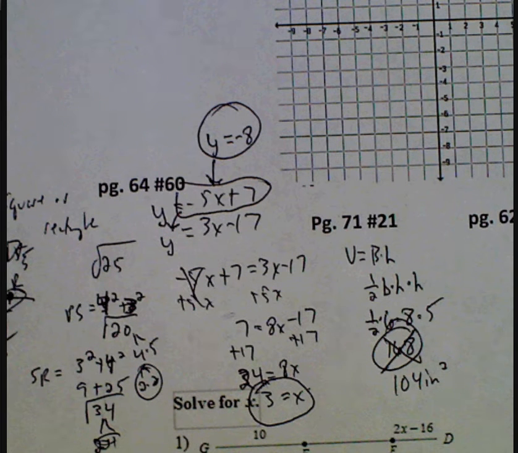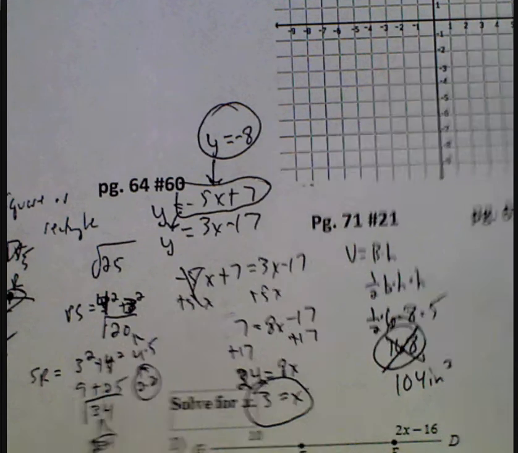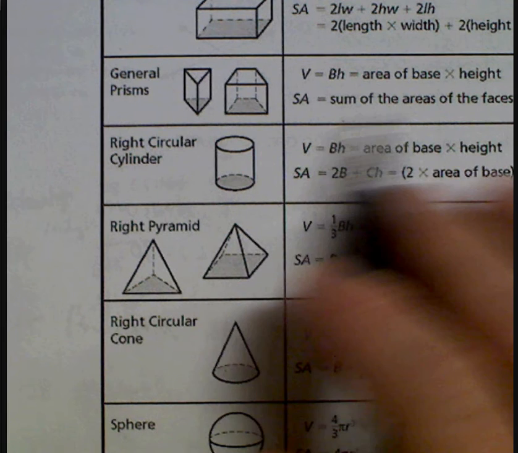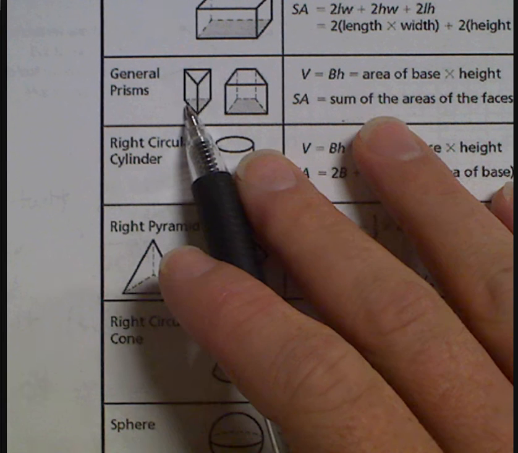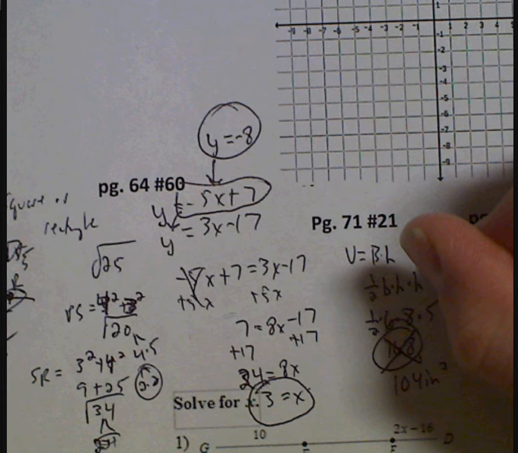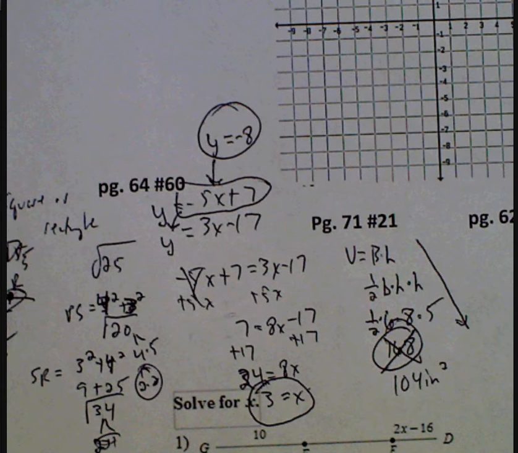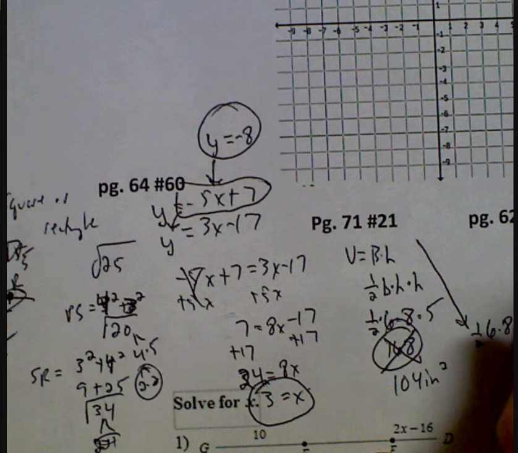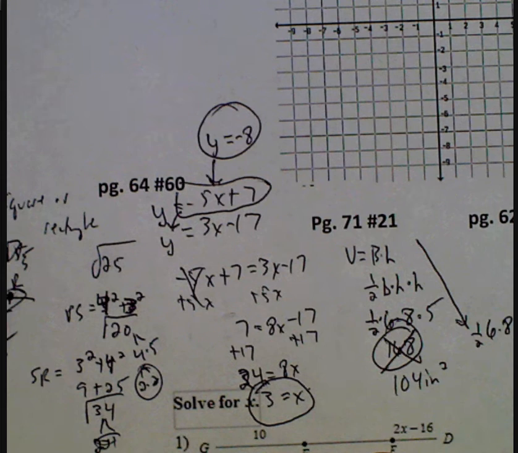Now we can go ahead and find the surface area. The surface area of this shape is the sum of the areas of the faces. So for 21, I have 1/2 of 6 times 8, and I have 2 of those.